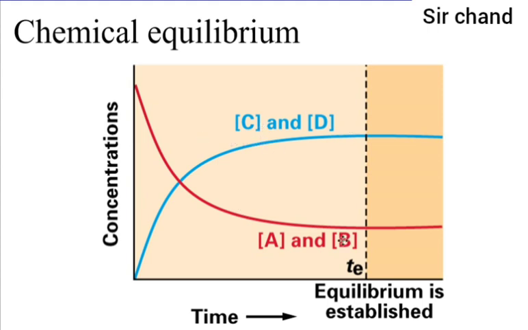The point at which each line has flatlined is the time it takes to reach equilibrium. This can be signified with a T, a TE, or TEQ. Either one means the same thing: the time it takes for the system to reach equilibrium.